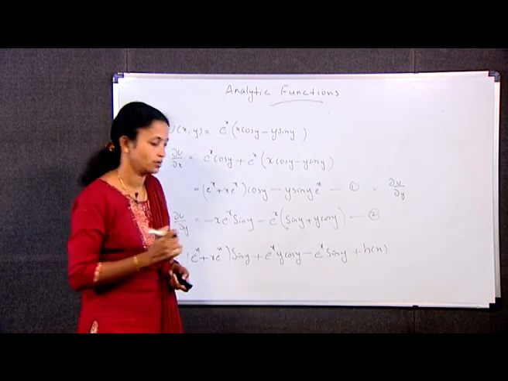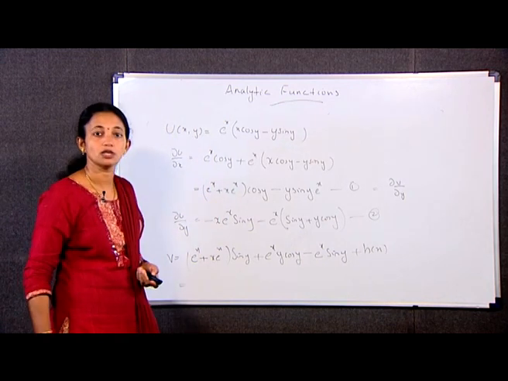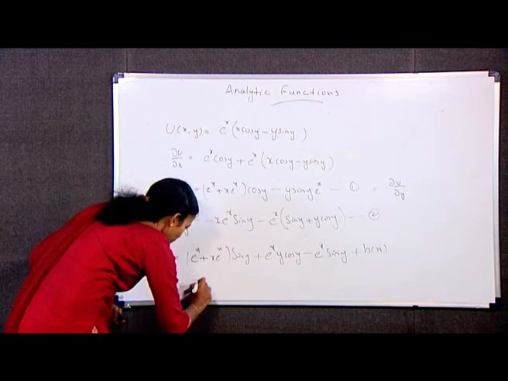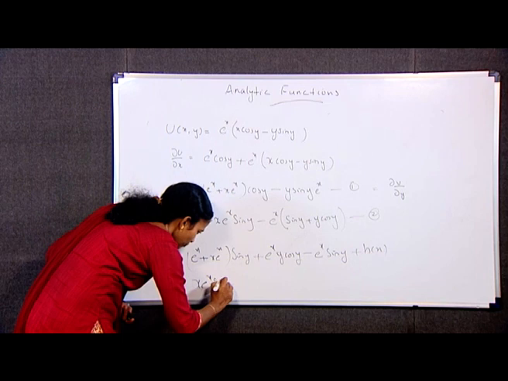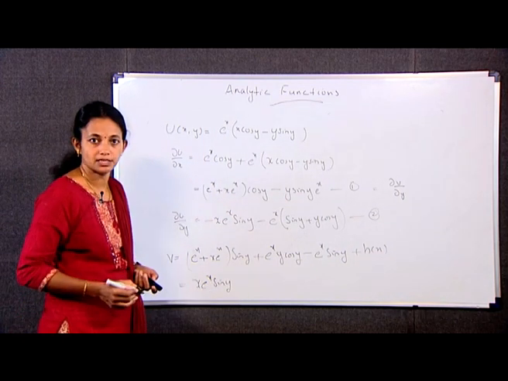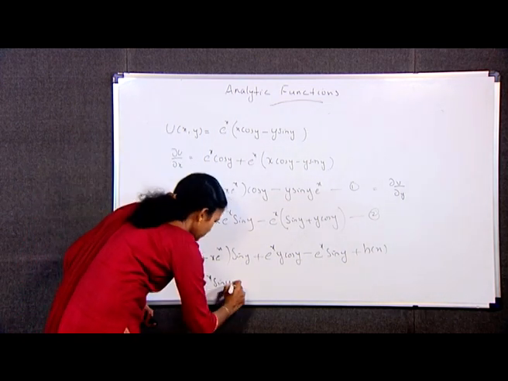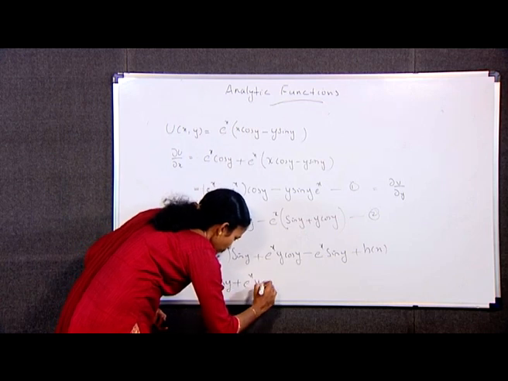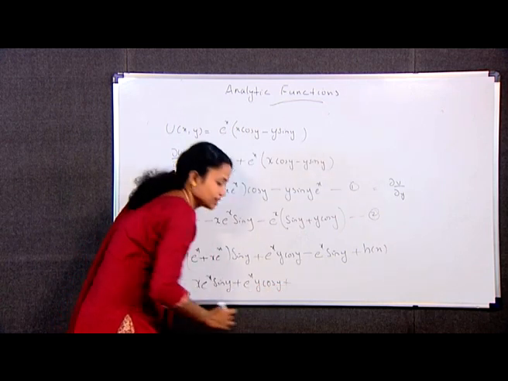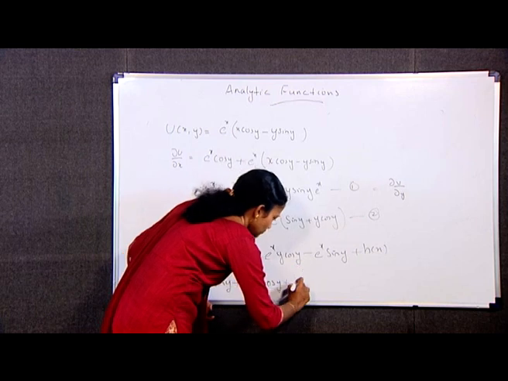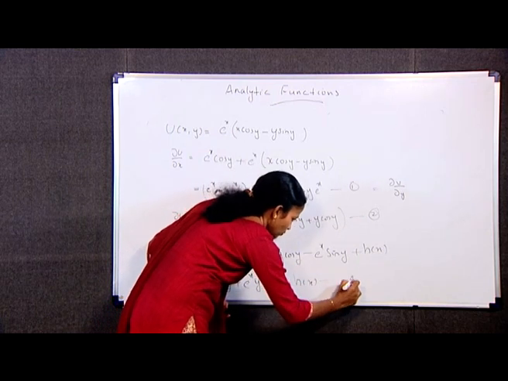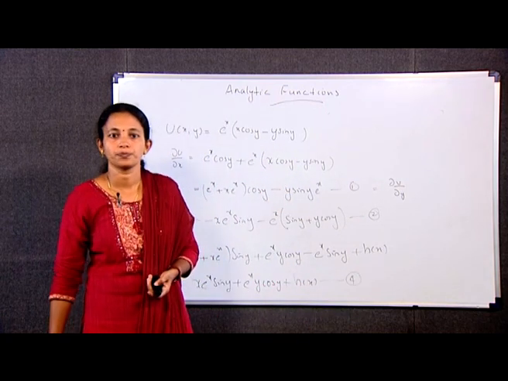Simplifying, we get x e raised to x sin y plus e raised to x y cos y plus a function h(x). This is our equation number 4.